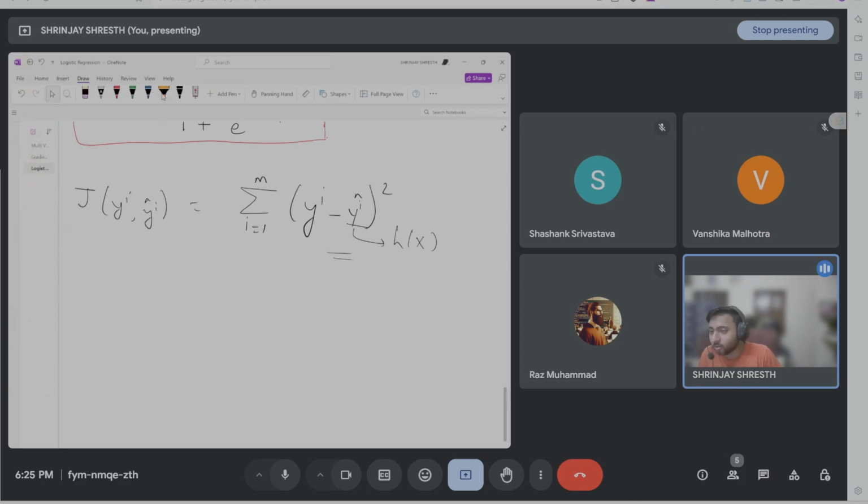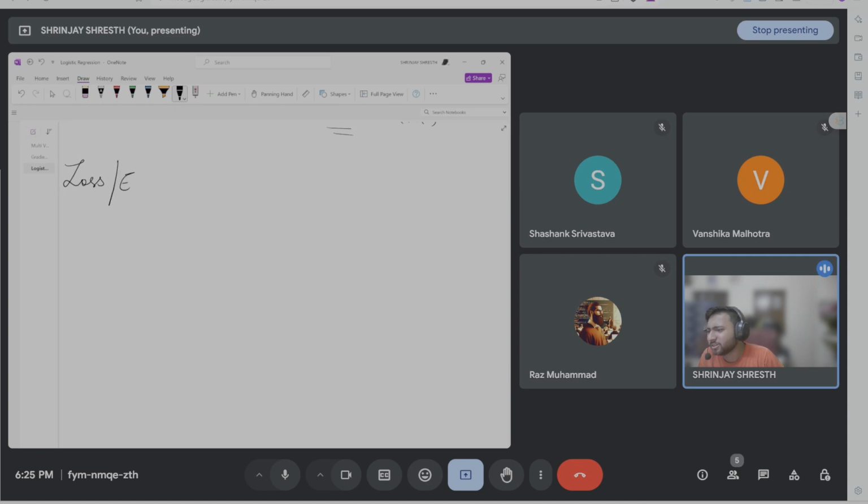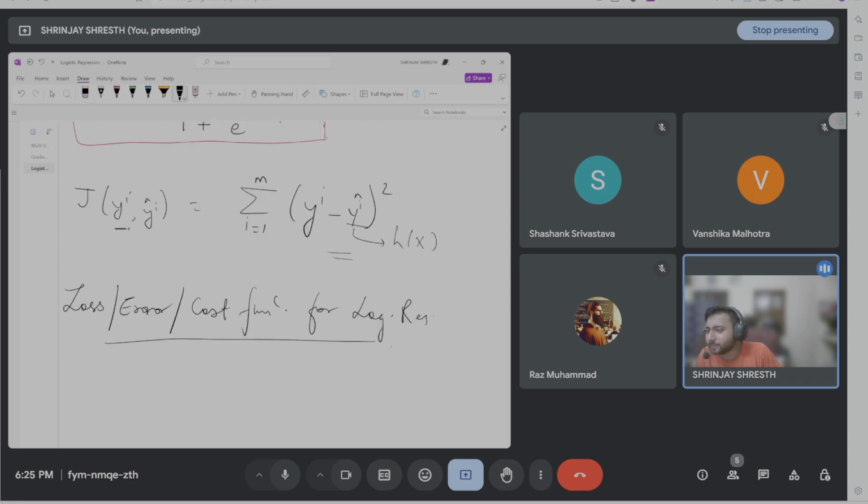But what would be the loss function for your logistic regression? Loss, you may say error, you may say cost function, whatever you may say. The cost function for logistic regression depends on your y. What are the two different y's we are getting? We are either getting a 0 or a 1. That is what we get as our output, be it predicted or actual values.